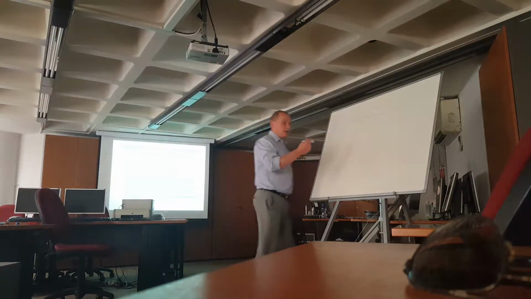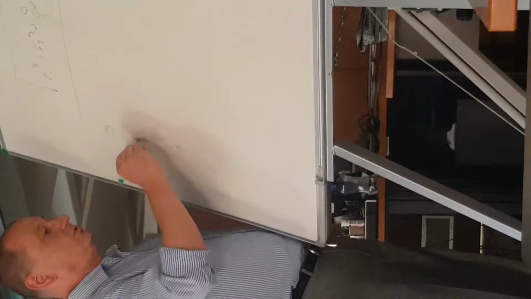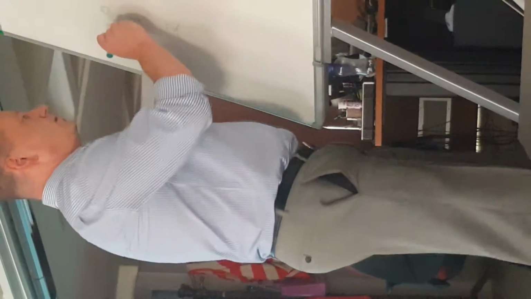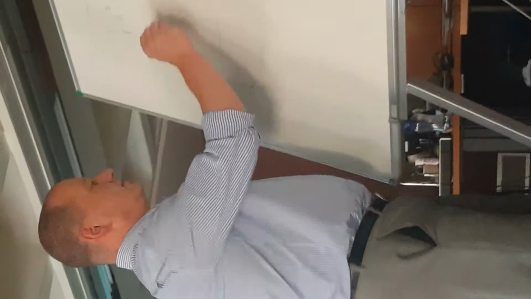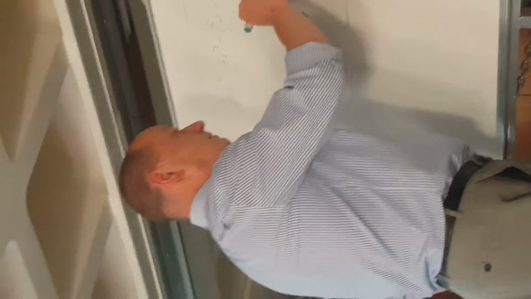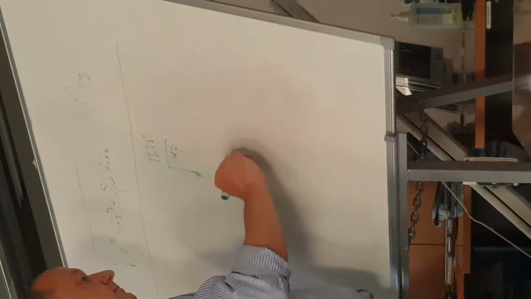How many defaults can I have at the end of the period? 0 defaults, 1 default, 2 defaults. Okay? What is the probability that I have 0 defaults? Let's have a probability tree. This is bond 1, 99.25 no default, 0.75 default.